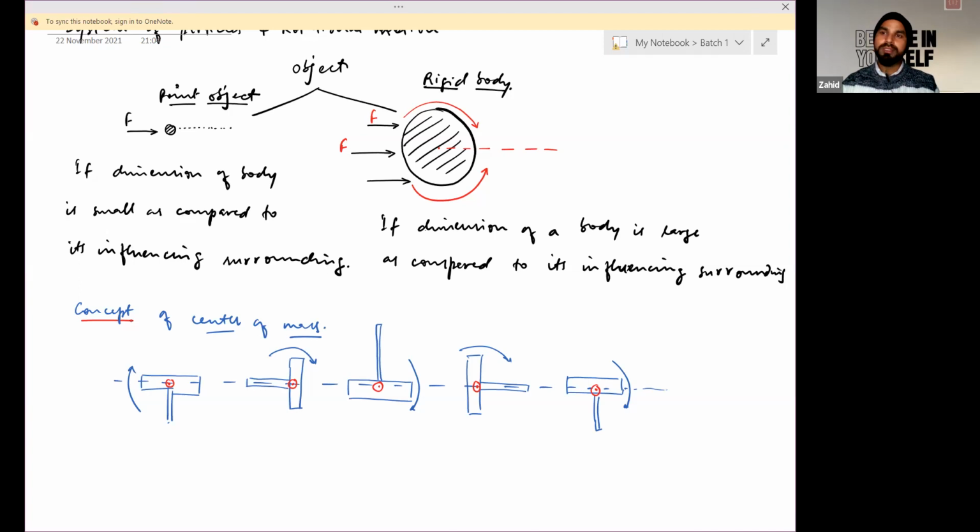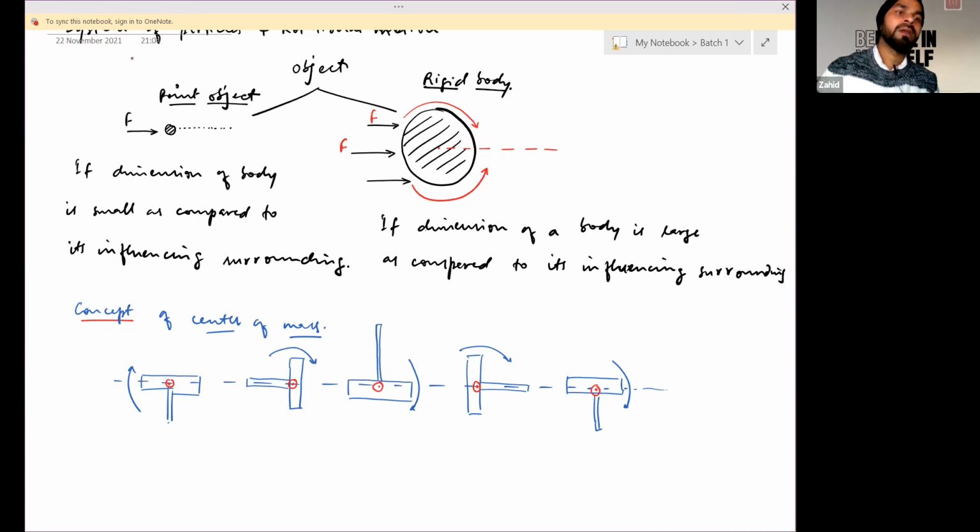So this point on which the total action of force, linear momentum, or any other action is confined is termed as the center of mass. Is it clear? Khalid? Yes, sir. Clear, sir.